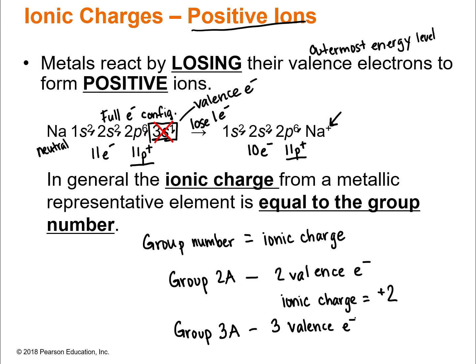What's my ionic charge if I'm in group 3A metal? It's going to be +3 or 3+. Doesn't really matter which way you write it. So for metals, simple as that.